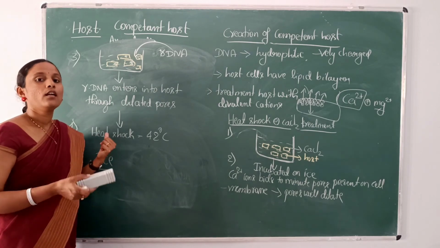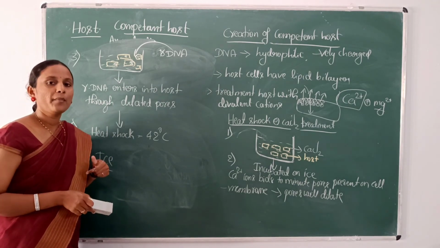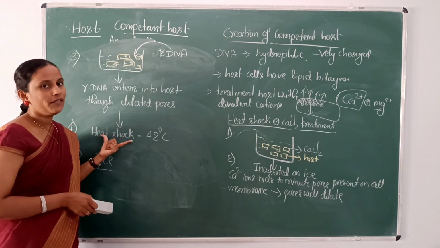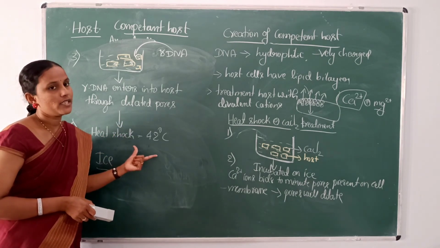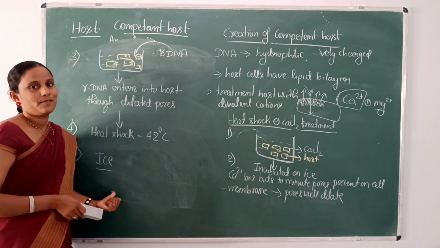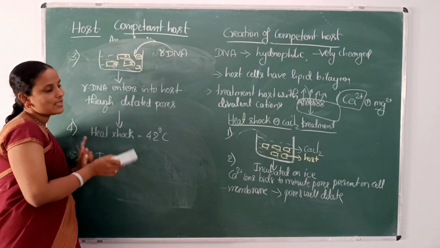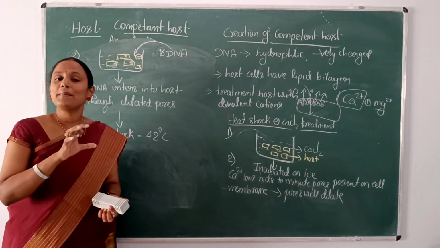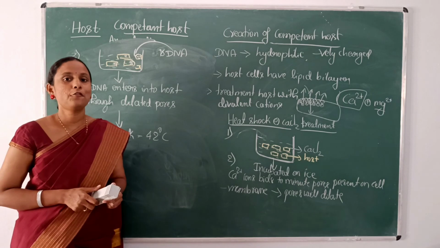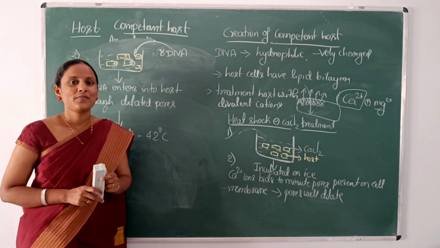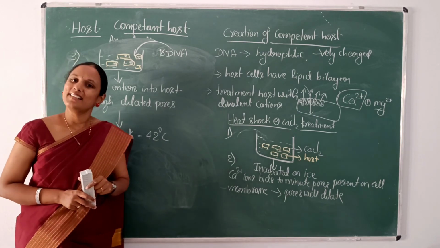Then for integration of recombinant DNA into the host genome, heat shock is given at 42 degrees Celsius and again it is brought back to the ice. So this is the method of preparing a competent host for taking up the recombinant DNA and expressing it. Further things we shall discuss in the next class.